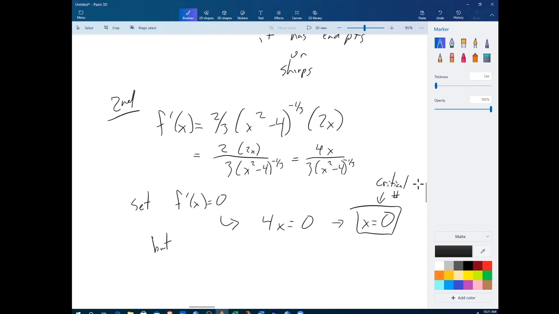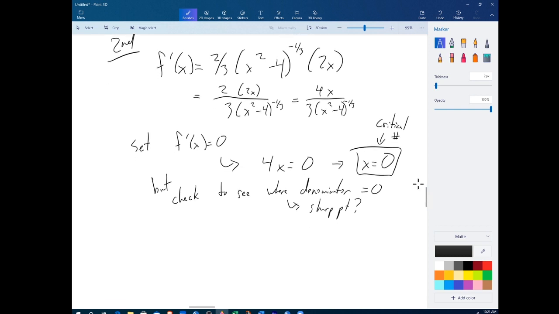But check to see where the denominator equals 0 because that could give me a sharp point. So I analyze these two separately.